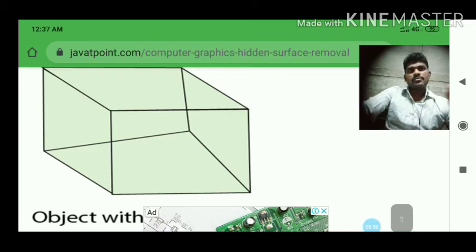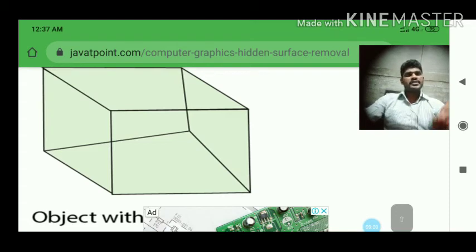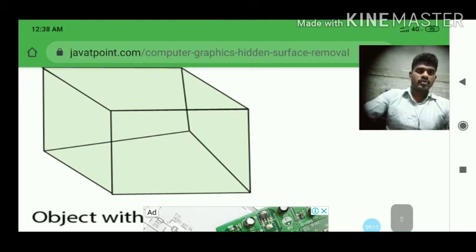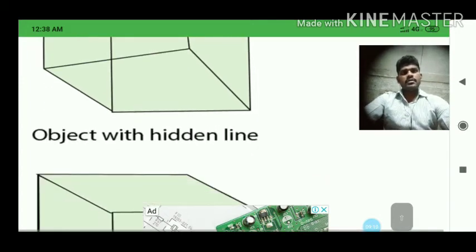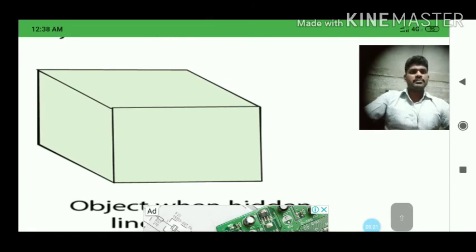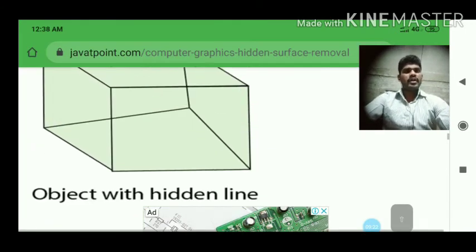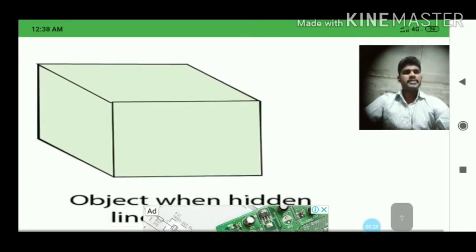What hidden surface removal or visual surface detection means: those lines are visualized, detect those lines. Those that are not visualized, remove those lines. In the same manner, hidden surface removal means removing all the hidden lines.